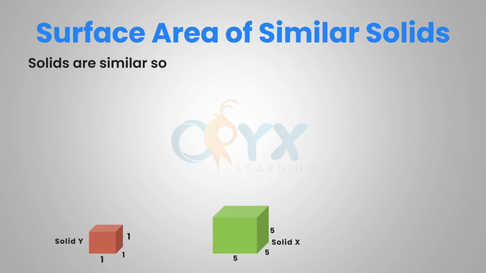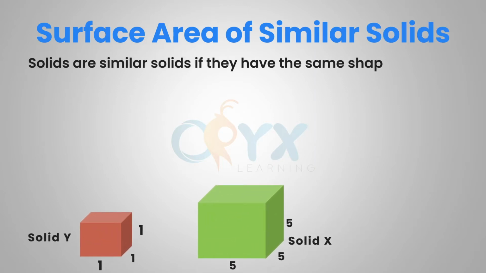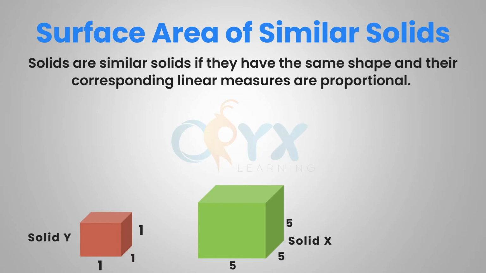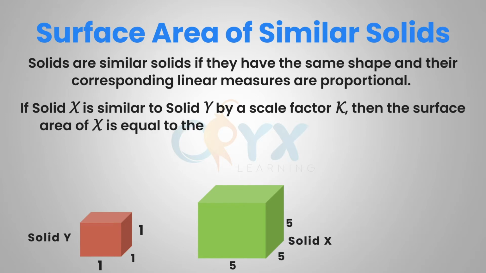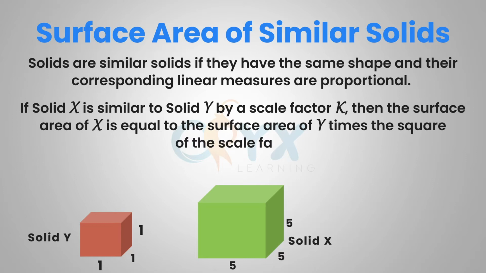Solids are similar solids if they have the same shape and their corresponding linear measures are proportional. If solid X is similar to solid Y by a scale factor K, then the surface area of X is equal to the surface area of Y times the square of the scale factor.